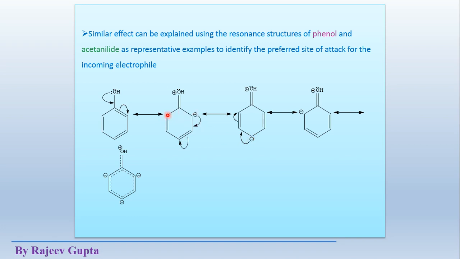So both these ortho positions and one para position are a hot spot, or we can say a hot site for electrophilic substitution. So the incoming electrophile, which contains positive charge, will attack on these ortho positions or on this para position.